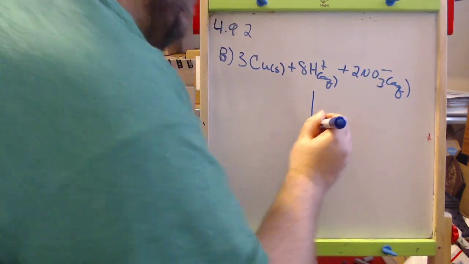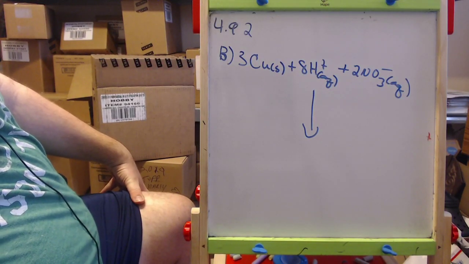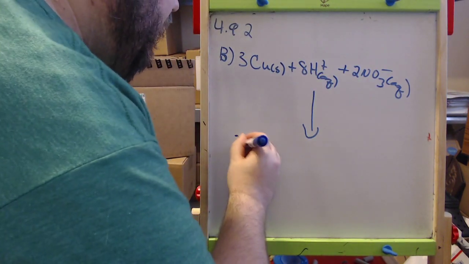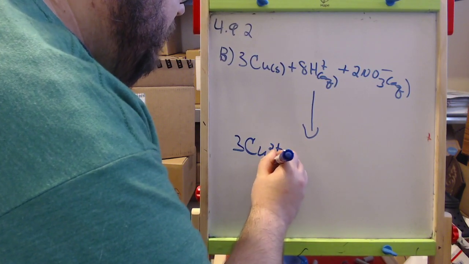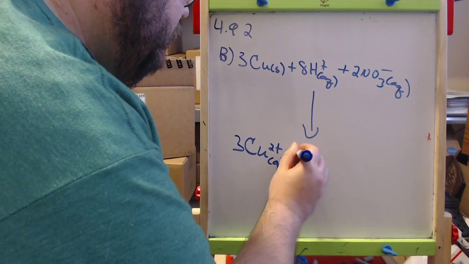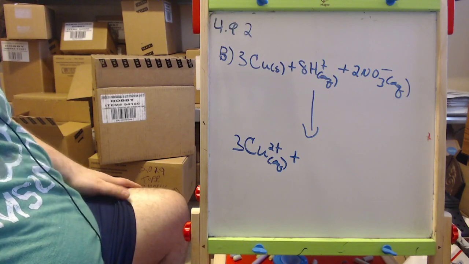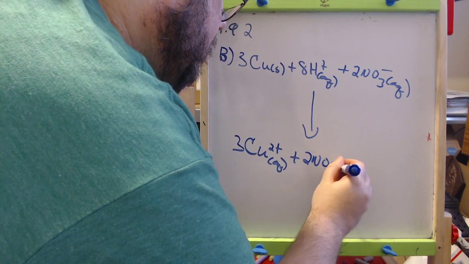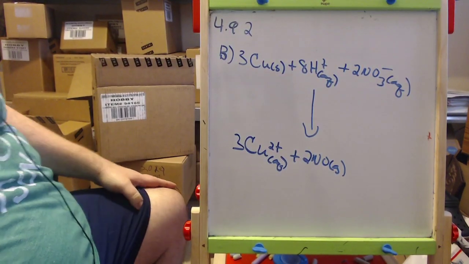I'm going to do it this way because this is a long one. It yields 3Cu2 plus aqueous plus 2NO gas plus 4H2O liquid.